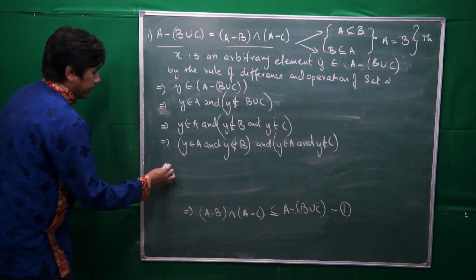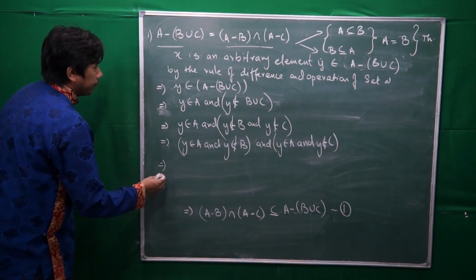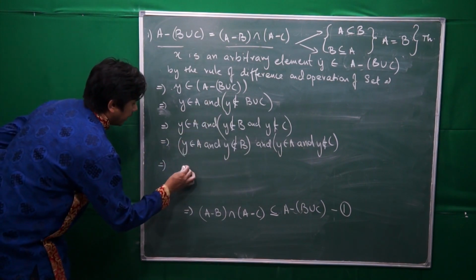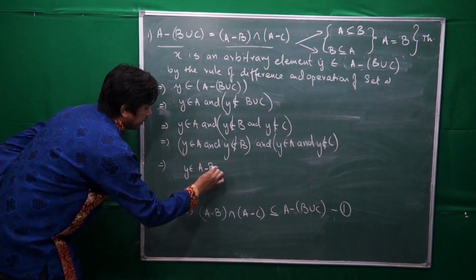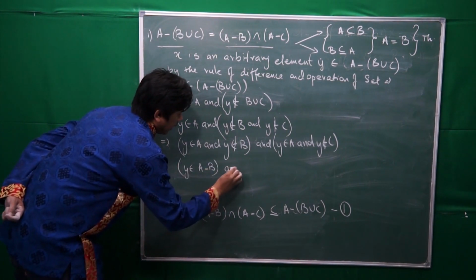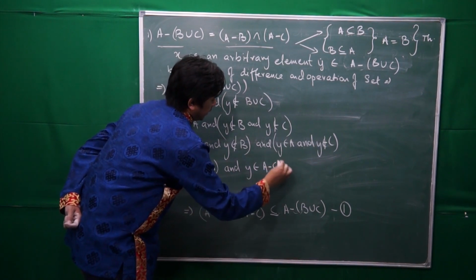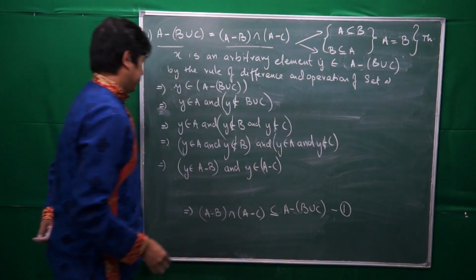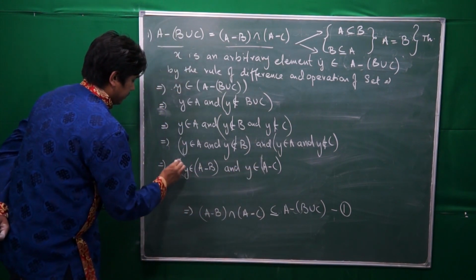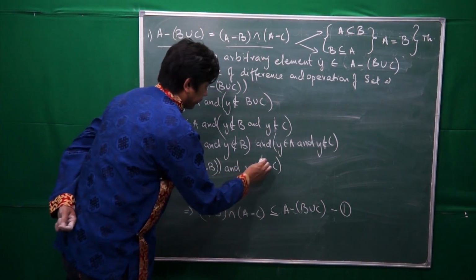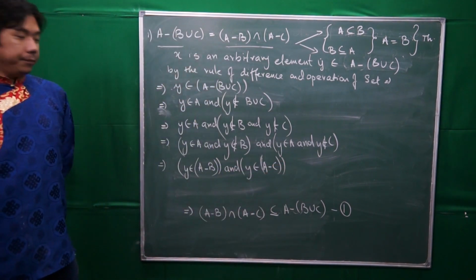So if you write it mathematically, by the rules, we have Y belongs to A minus B and Y belongs to A minus C. Clear?